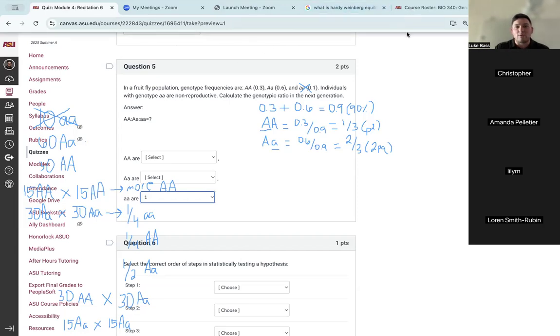I think this is how he got to this point in the question. So the numerator is that p equals 2 times AA, which is going to be 1/3 for us.